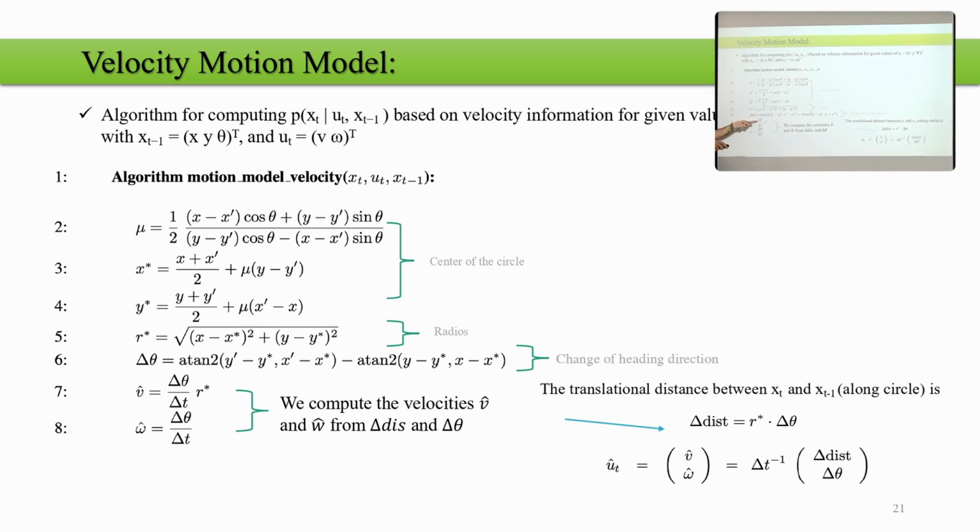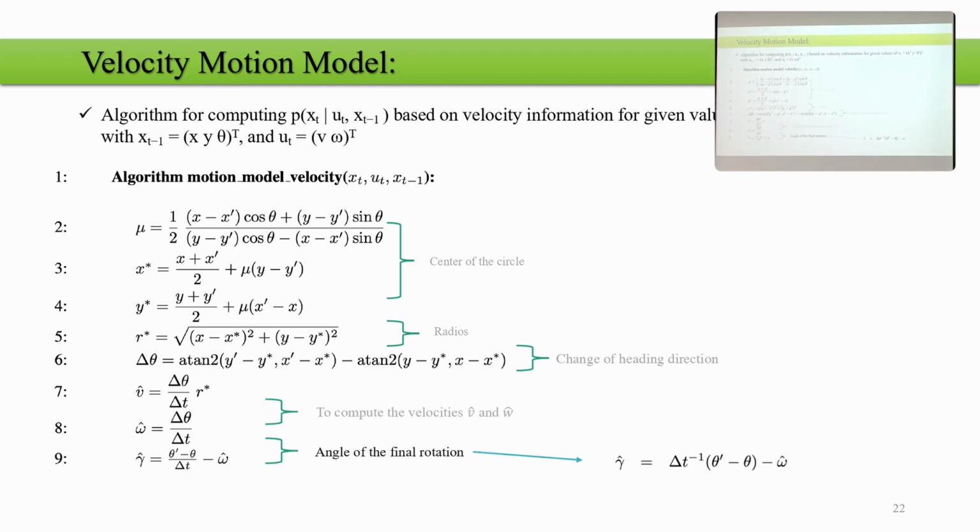So this one times this one, the delta distance that comes from the two, can be r star times delta theta over delta t. That gives us the translational velocity. For the rotational velocity, again delta t transpose times delta theta becomes delta theta over delta t. This gives us the velocity of the rotation, actually.